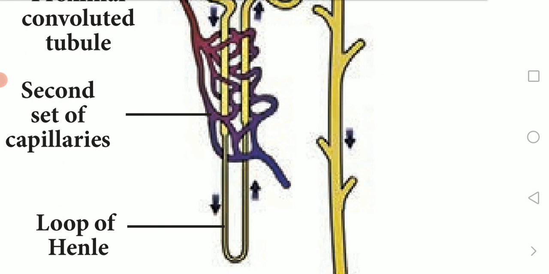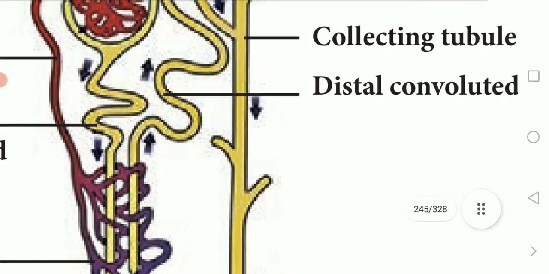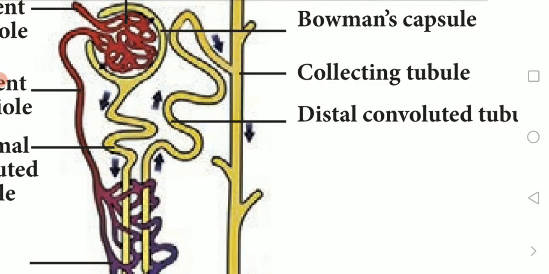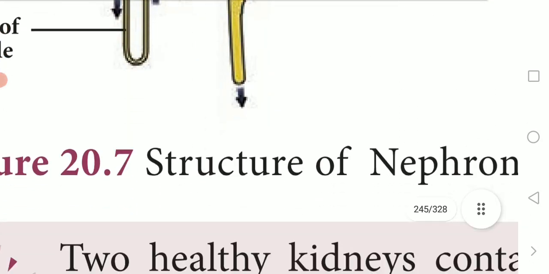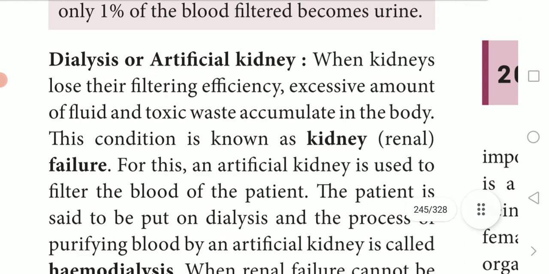Then tubular reabsorption. The filtrate of the proximal tubule consists of essential substances such as glucose. In these tubes, important things are reabsorbed into the blood by selective reabsorption: glucose, amino acids, vitamins, sodium, potassium, bicarbonate, and water. In tubular secretion, substances such as hydrogen or potassium ions are secreted into the tubules.